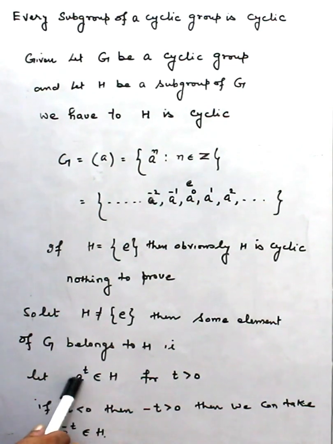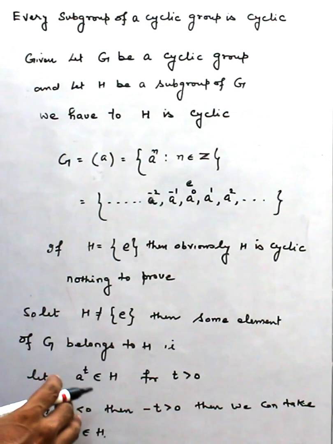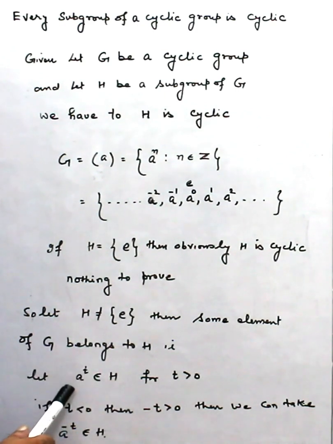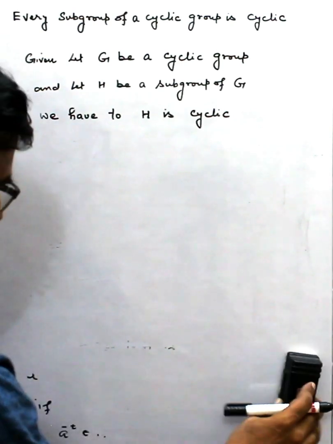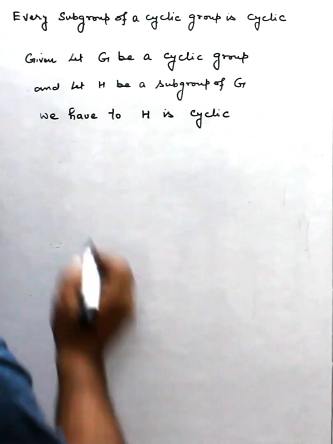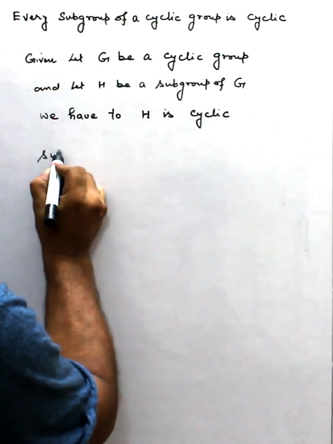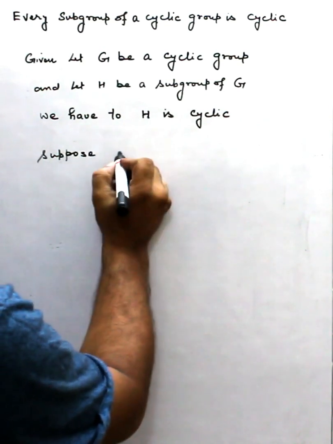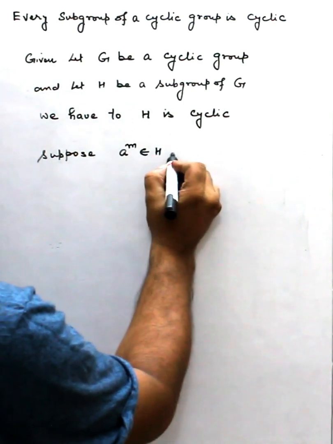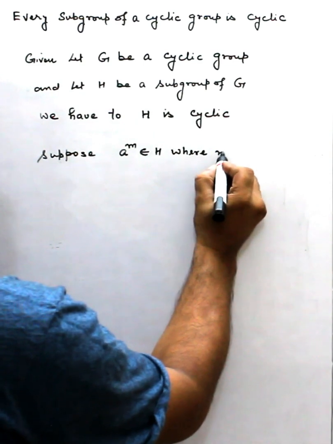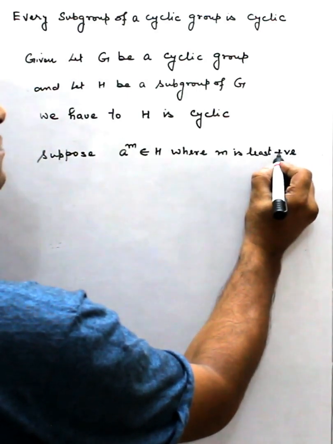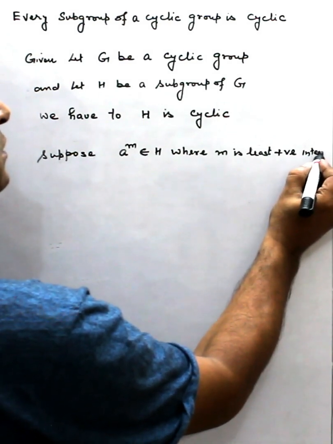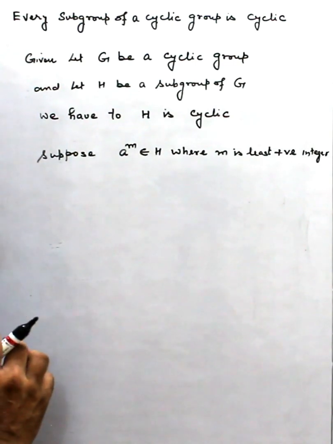Now, if these types of elements are in H, then suppose there is some least positive integer m such that a^m belongs to H, where m is the least positive integer.